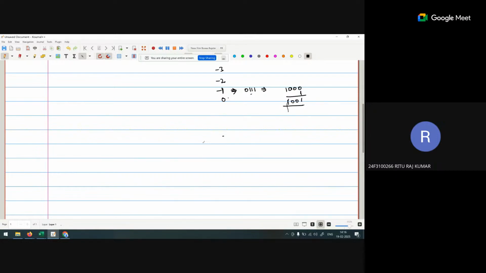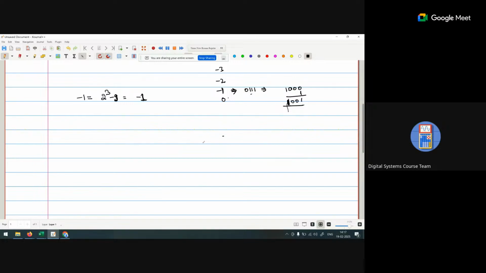Because if we take 1001, the MSB is 1, so 8 minus 1 is equal to -7. If we multiply -1 with 2 to the power 3, then it becomes -8. -1 is represented as 2 raised to power 3 minus 9, it should be -1.